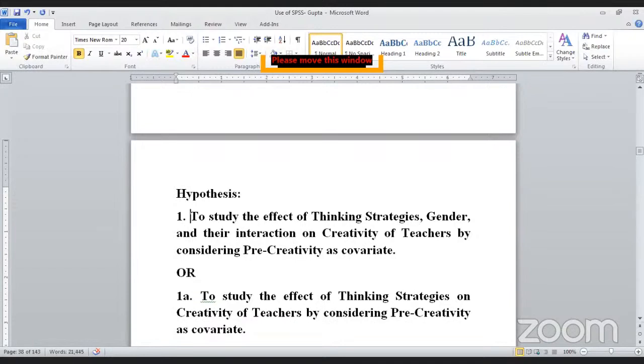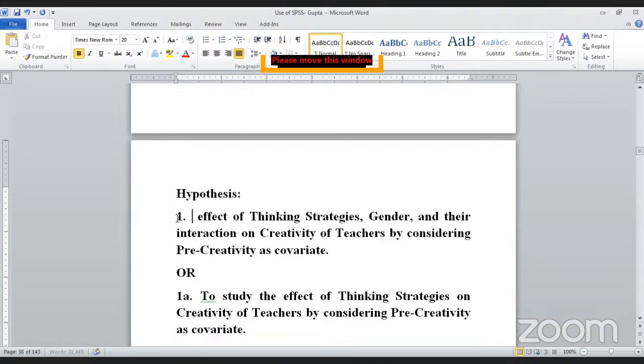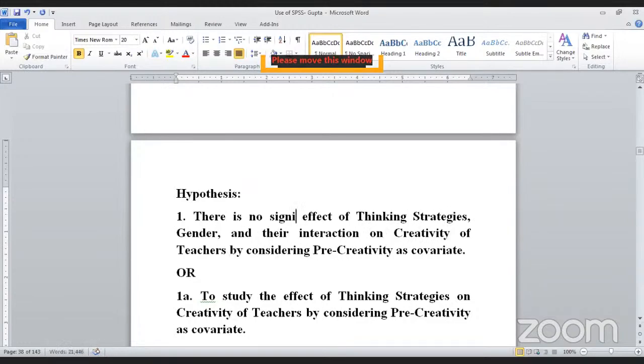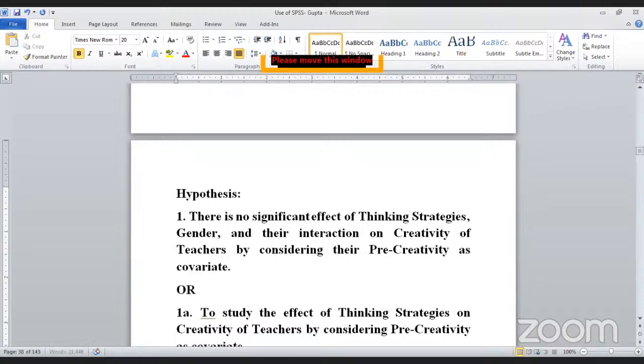So here, there is no significant effect of thinking strategies, gender, and their interaction on creativity of teachers by considering their pre-creativity as covariates. Now, the same you can copy it here.